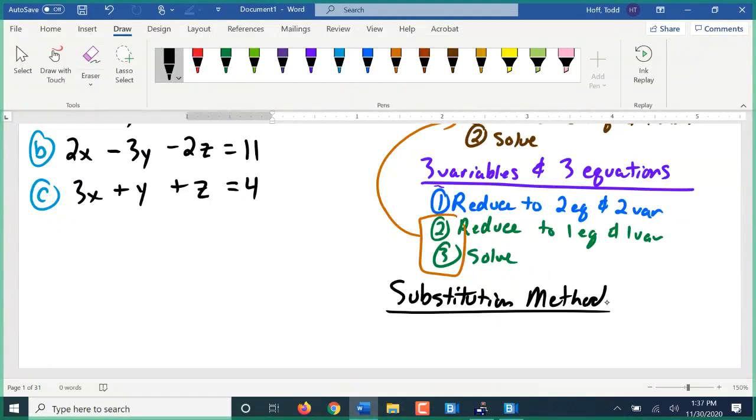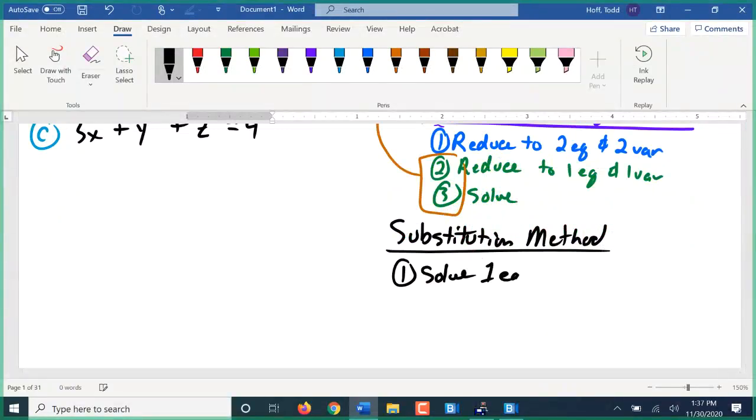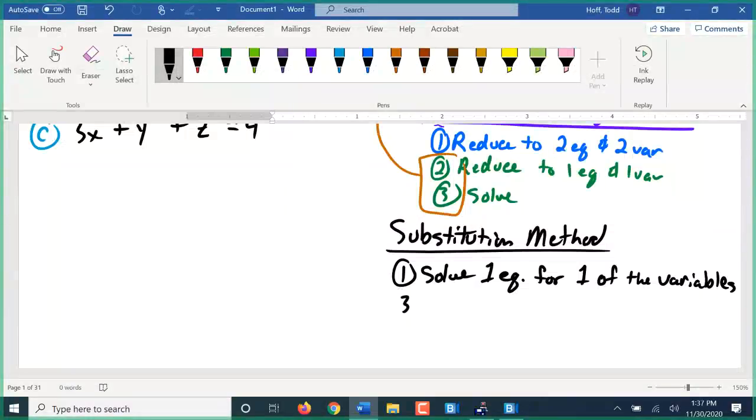And in the substitution method, what we do is we solve 1 equation for 1 of the variables. Just like with 2 variables, 2 equations, we find one that's easy to solve for 1 of the variables.